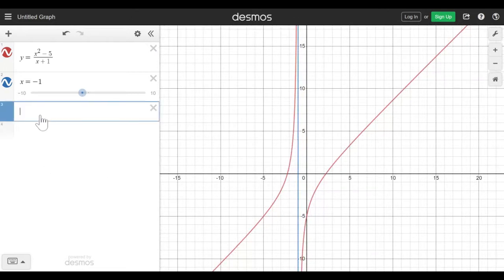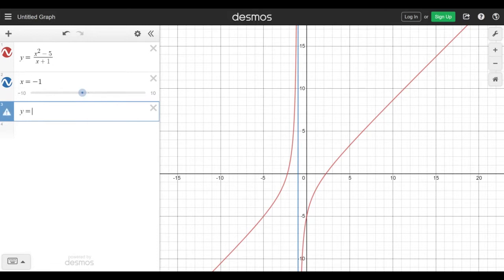And our horizontal asymptote is none. We don't have one because we have a slanted one. Why is it we don't have one? It's because the top degree is higher than the bottom. You have a power of 2 here, and you have a power of 1. We divide this polynomial, x squared minus 5 divided by x plus 1, to get our slanted asymptote.